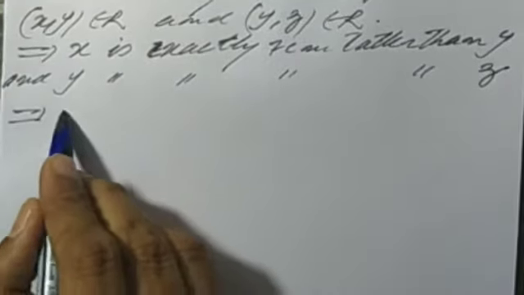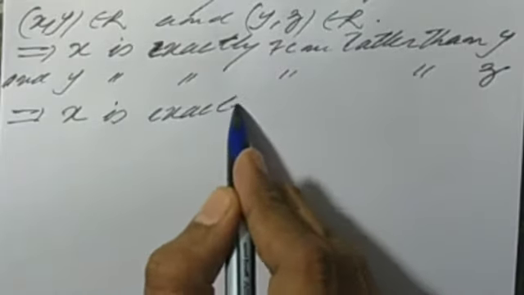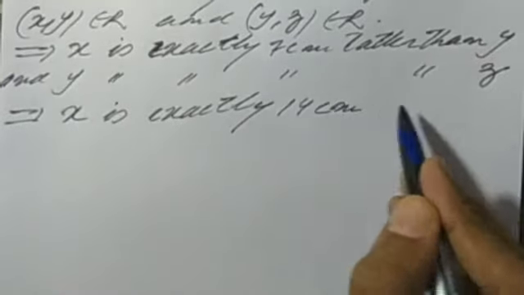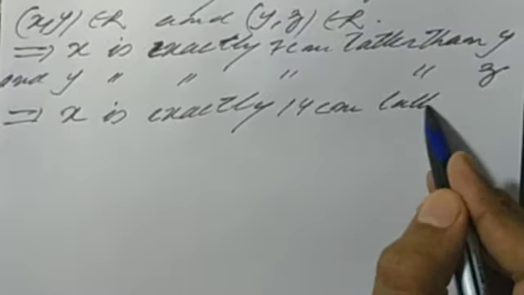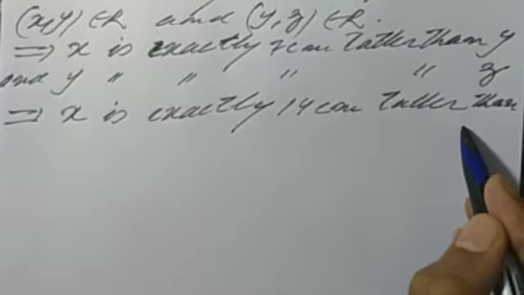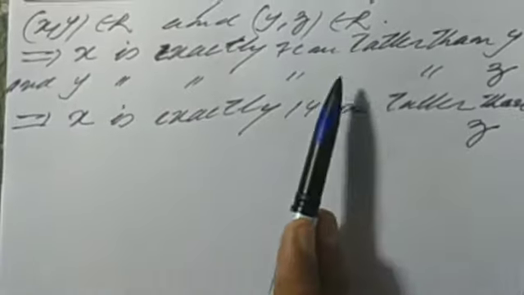Then it implies that x is exactly 14 centimeter taller than z. Since x is exactly 7 centimeter taller than y and y is exactly 7 centimeter taller than z, then obviously x is exactly 14 centimeter taller than z.